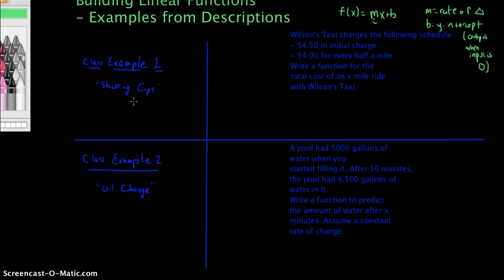So let's start by taking the examples from class, and we'll write functions for them. If you remember the stacking cups example, we knew the rate of change as we stack the cups on top of each other. Let me draw this quickly.